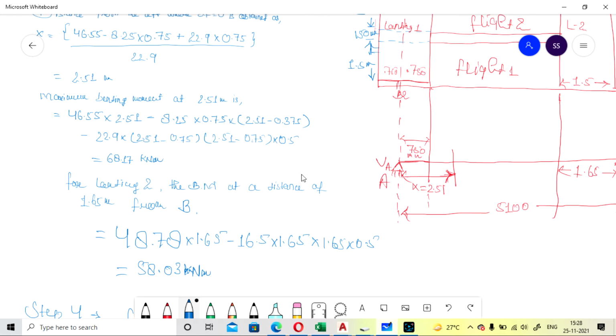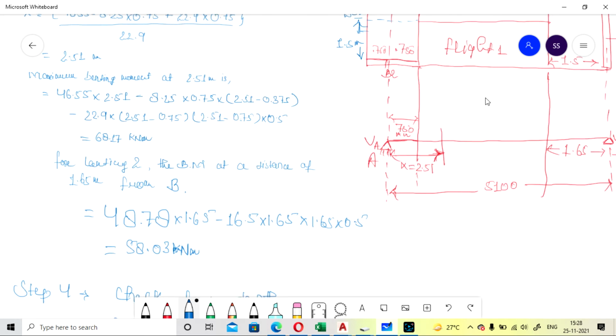Minus 8.25, load on this, into 0.75 multiplied by 2.51 minus 0.375, center of this, minus 22.9, load on this, multiplied by 2.51 minus 0.75 multiplied by 2.51 minus 0.75, so it is WL square, that's why we are taking like this, multiplied by 0.5, that is 1 by 2.